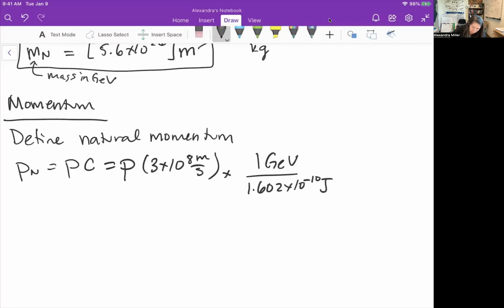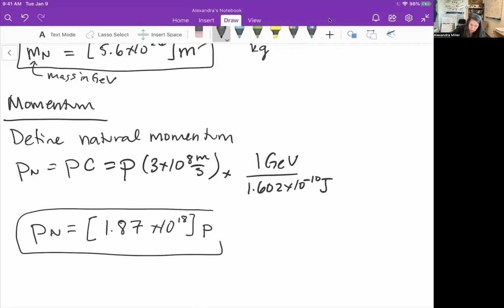And if you plug all those numbers into your calculator, we're left with our natural momentum as measured in GeV is going to be equal to 1.87 times 10 to the 18 times our momentum measured in kilogram meters per second.